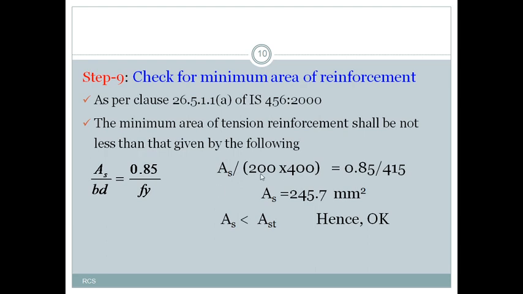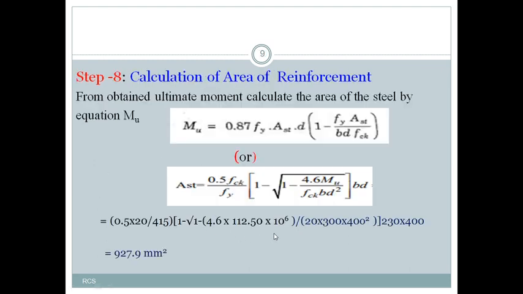Substitute the values, that is AS by 300 into 400. Dear students, again here is some typographical mistake, please correct it. AS by 300 into 400 is equal to 0.85 by 415. After calculating this, we will get the area of steel. The minimum area of steel provided in the tension zone is 245.7 mm square, that is AS, but our required AST is 927.9.